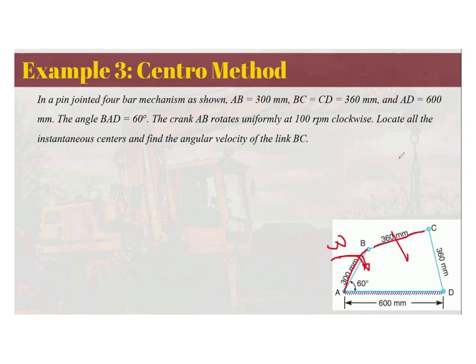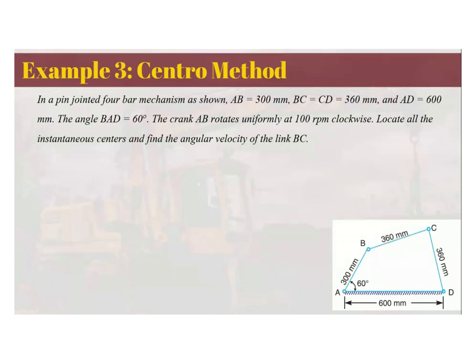The only unknown that we have is the distance of this point to the centro. So wherever the centro is, we need to locate it, then find the distance and use the formula to find the angular velocity of the floating link.